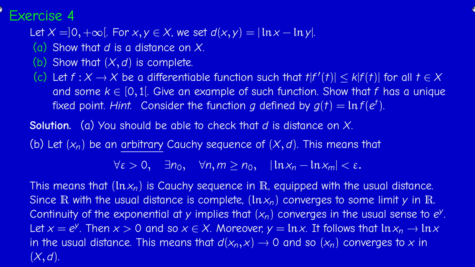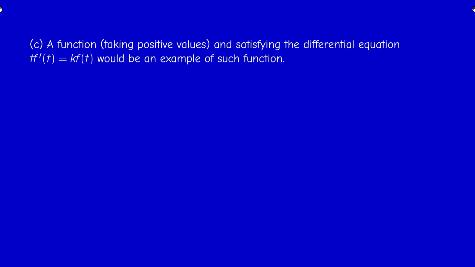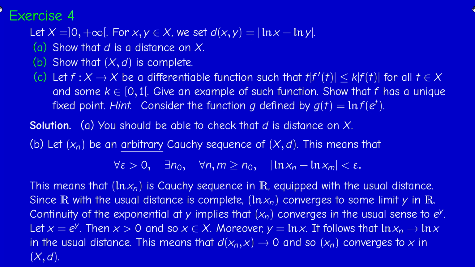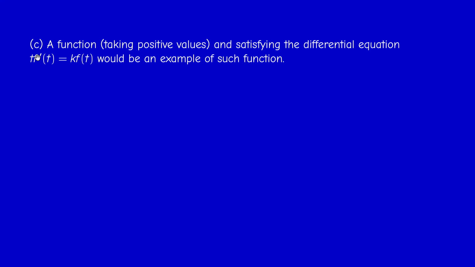Now the last question. It's enough to give an example of one function satisfying this inequality. So what if you just consider equality and assume that f and f prime are positive? Then it's enough to solve this differential equation, t f prime of t equals k f of t. This is a standard linear differential equation.